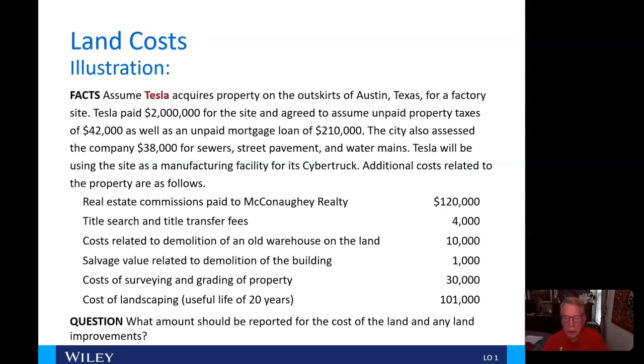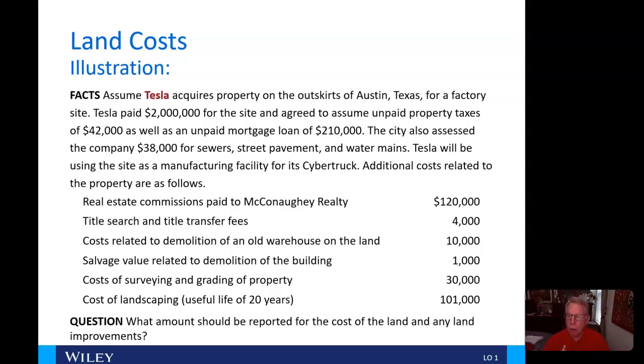All right, let's take a look at an illustration of purchasing some land. Here is Tesla, and Tesla acquires some property on the outskirts of Austin, Texas, for a factory site. Tesla paid $2 million for the site and agreed to assume unpaid property taxes of $42,000, as well as an unpaid mortgage loan of $210,000.